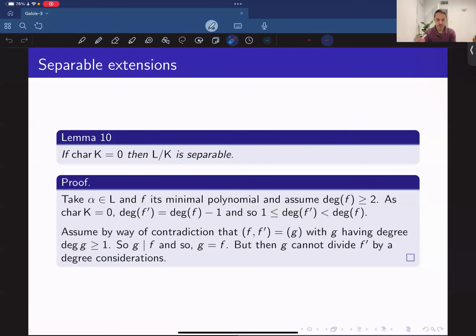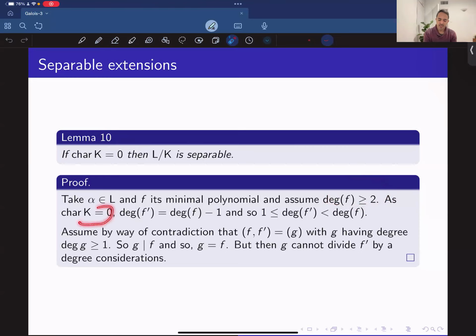To see that, just as an example, even though again we will never consider such fields in our course, take any element in L and consider its minimal polynomial. And of course, I can assume the degree is at least 2, because if it is 1, then it's just in the field, and the polynomial is separable because it has one root anyhow. So assume that the degree is at least 2.